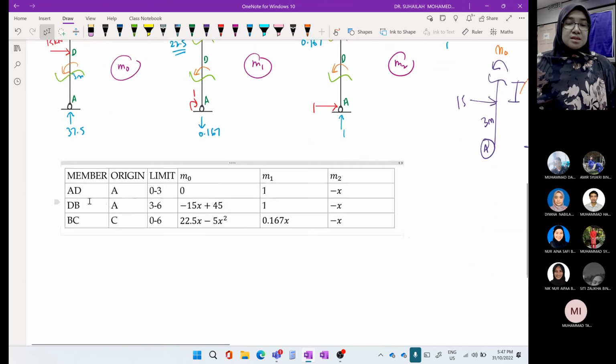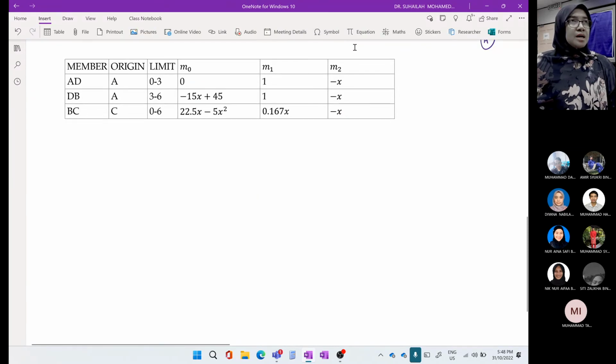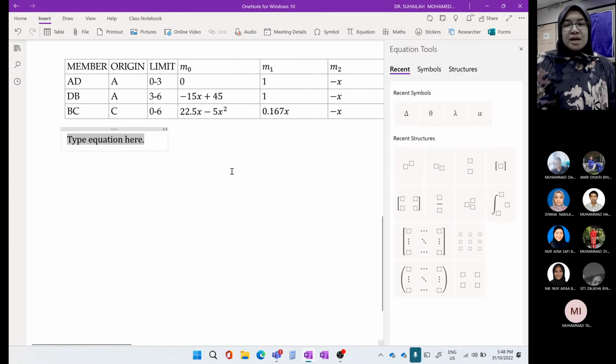What next? Calculate displacement. Once we get all the moment equations, we can calculate displacement.